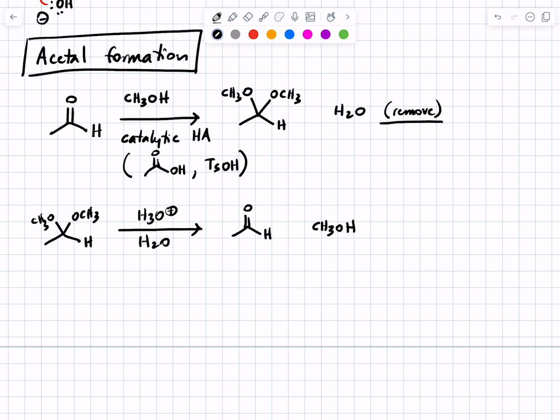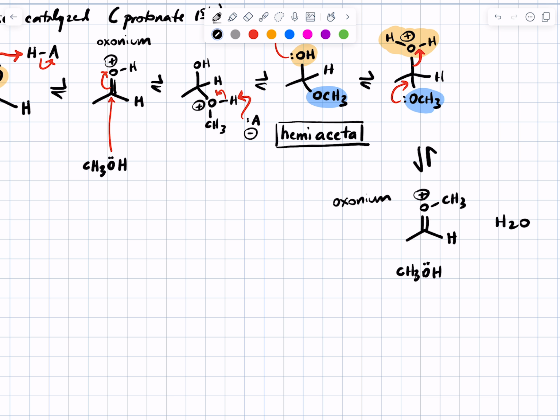What's left, if you're thinking back to imine formation, looks very similar to that iminium ion. For imine formation, there was an NH bond that we could remove to deprotonate this molecule. It turns out, though, that this is another example of an oxonium ion, a positively charged carbonyl oxygen, which is highly electrophilic, and a second molecule of alcohol will come in and attack the carbonyl carbon, breaking the carbon-oxygen pi bond.